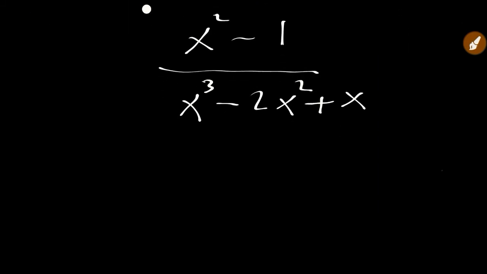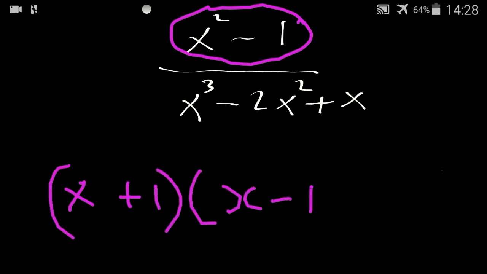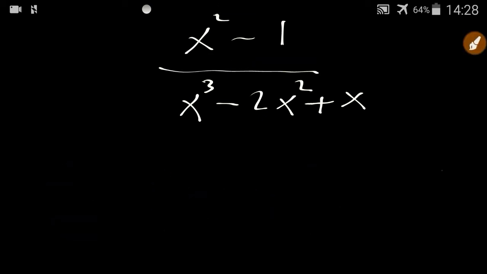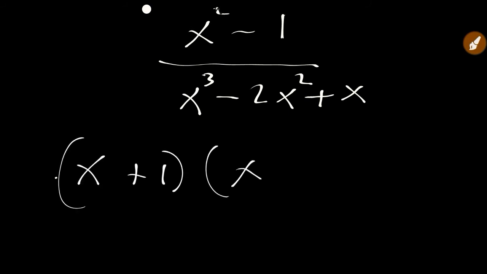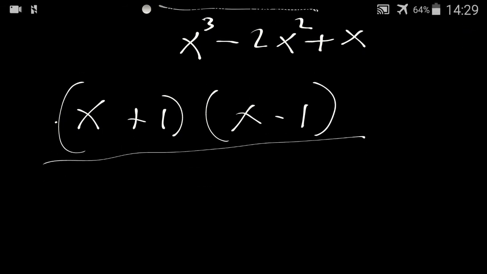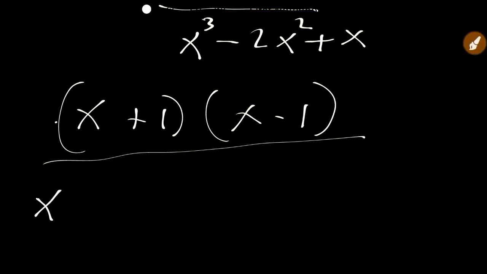Okay. Remember, x² - 1 is a difference of two squares, can be written as (x + 1)(x - 1). Therefore, (x + 1)(x - 1) all over, we are going to factorize the denominator by taking x outside.